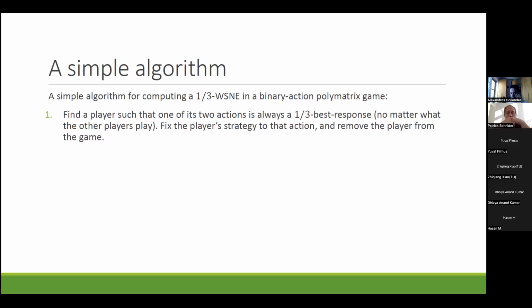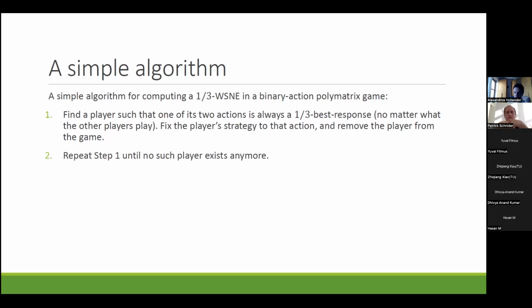Meaning that no matter what the other players are playing, if this player plays that action, he will always achieve at least a 1/3 additive approximation to the best thing he could do. Once we've found such a player, we fix the player's strategy to always play that pure strategy, remove the player from the game, and repeat.